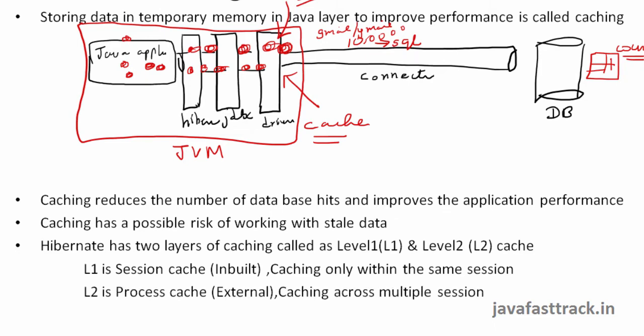Another is called L2 cache or process cache. This kind of caching is not inbuilt. If you want L2 cache, we have to use separate third-party libraries. Why take the work of using external caching libraries to achieve L2 cache? Because it is a process cache which can cache across multiple sessions.